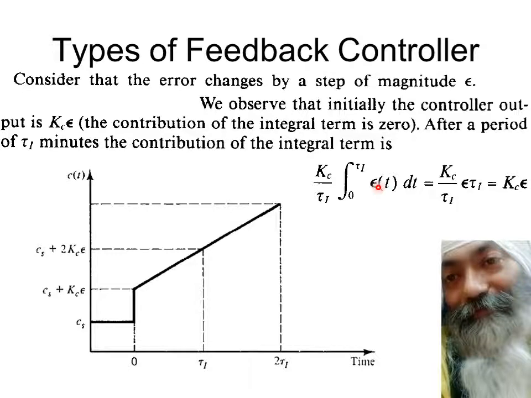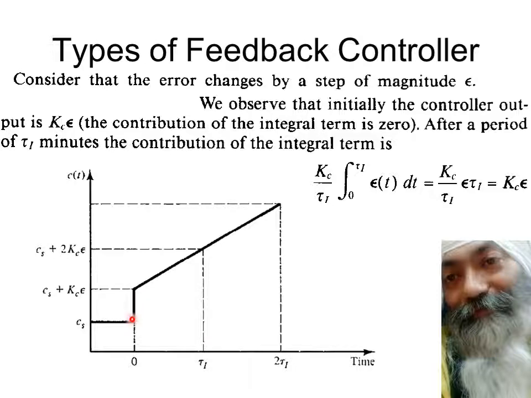Then, because you have two terms, if you remember, the output was equal to Kc into epsilon plus Kc upon tau I times the integral of epsilon. So Kc into epsilon will be the immediate jump at t equal to 0, the change from the initial output of the controller, which was Cs at the steady state. So this is the effect of proportional control.